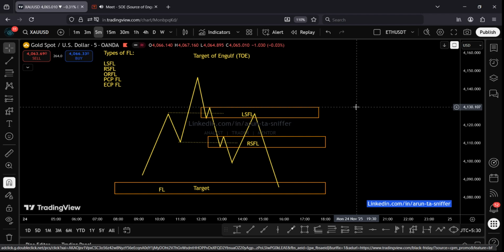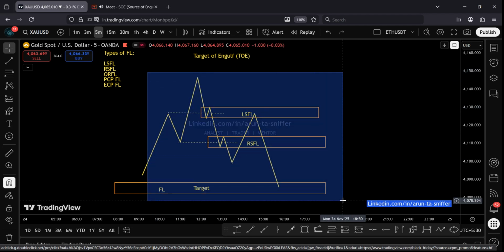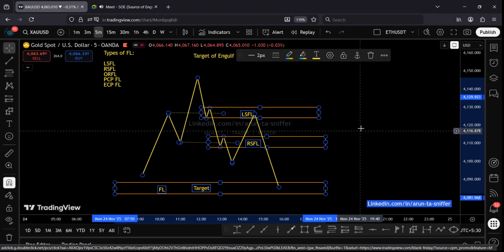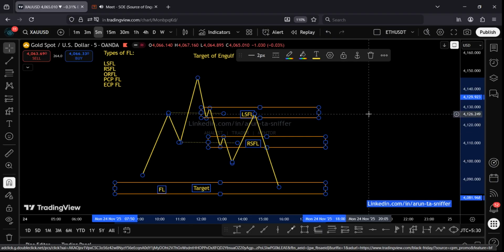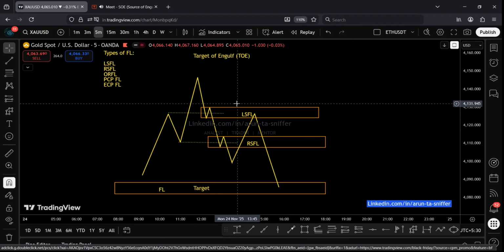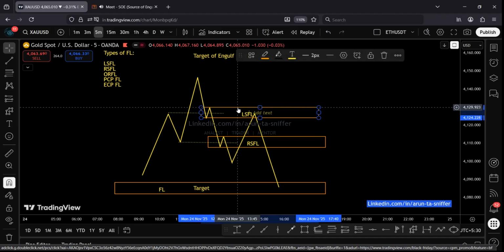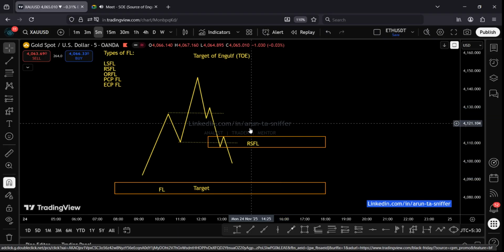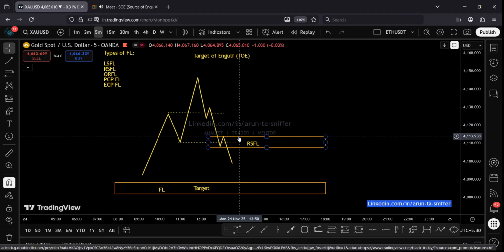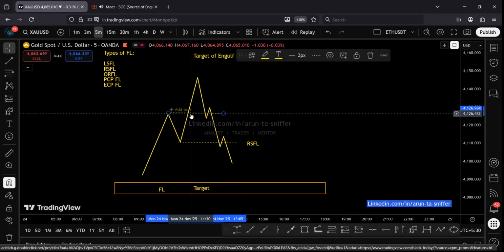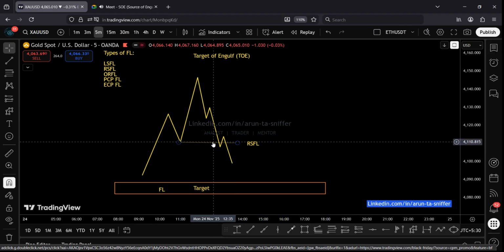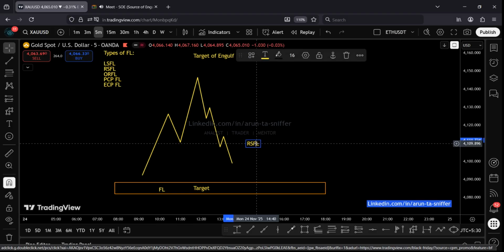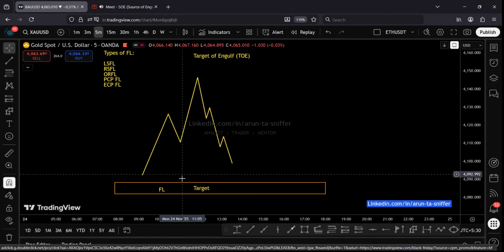Okay, so let's see ORFL. ORFL. So let's delete this. Okay, let's keep this target FL.